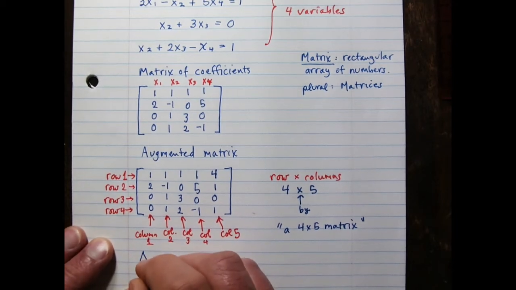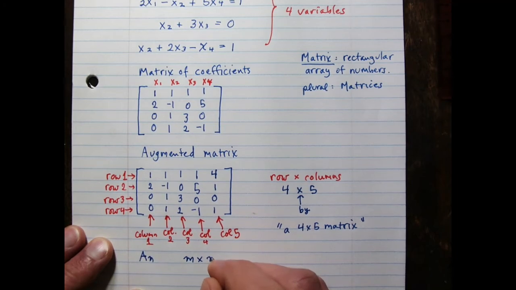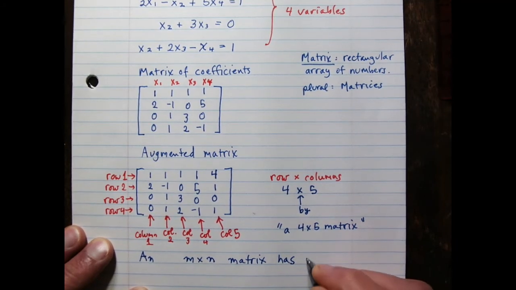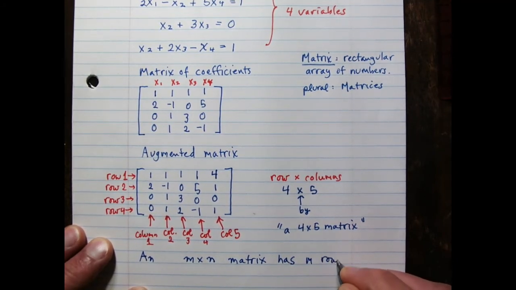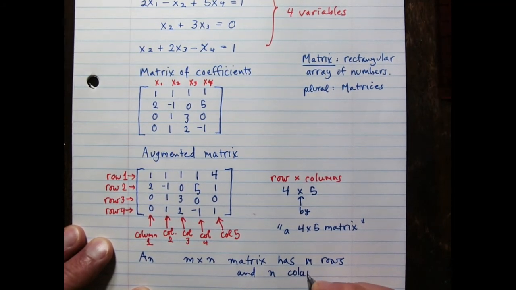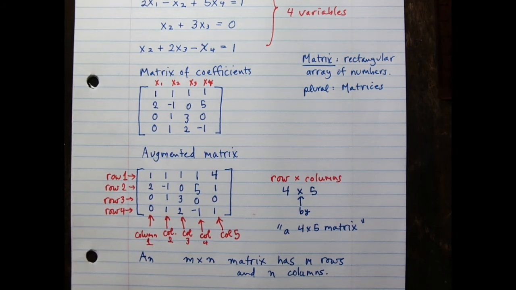In general, an M by N matrix has M rows and N columns. So we traditionally use those letters M and N to designate the number of rows and columns in an abstract sort of way.